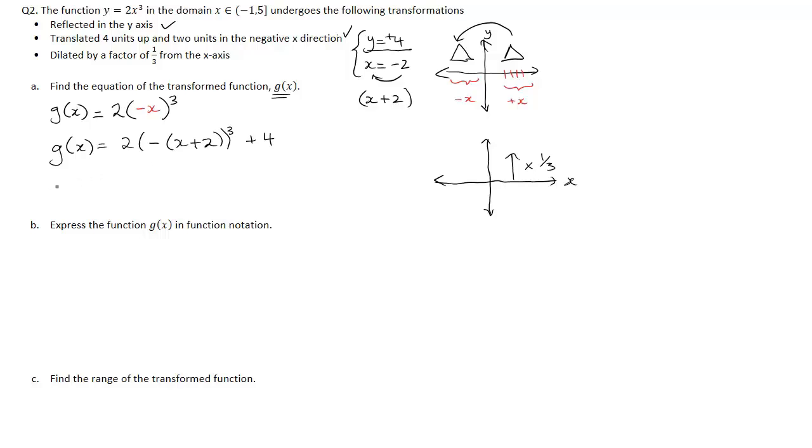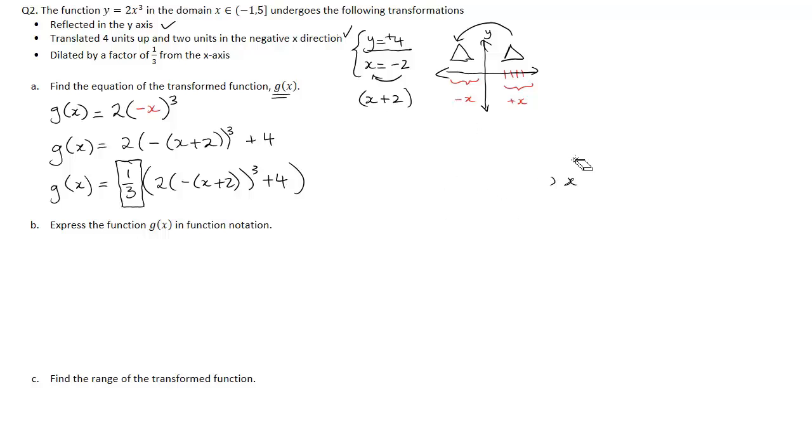So what we need to do is multiply the whole equation by a third. And then we've got 2 minus x plus 2 cubed plus 4. Remember that factor, because it was the last thing that happened, you have to multiply each and every one of these values by a third.